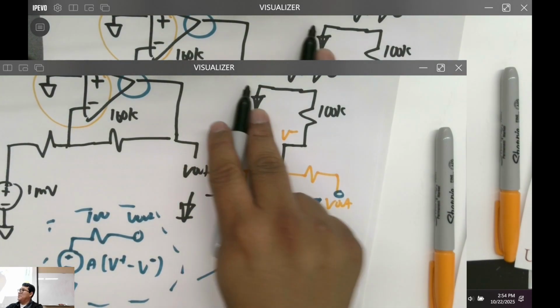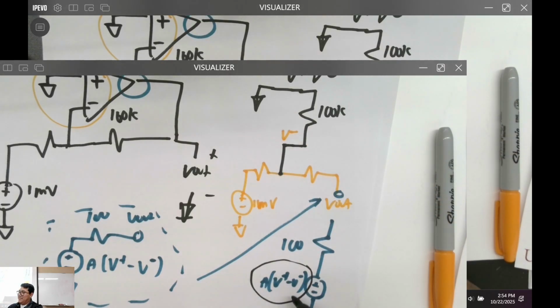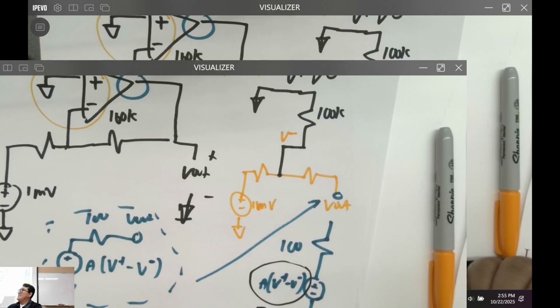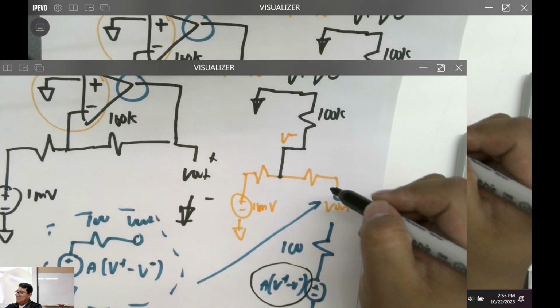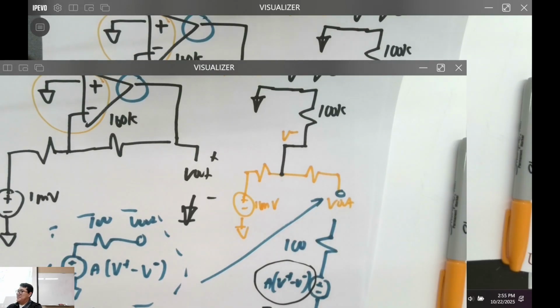If we have A is equal to 10 to the fifth, V plus is 0, and V minus is, well, V minus. It's just going to equal minus 10 to the fifth V minus. That's the voltage. Is that good with everybody? So now you have this variable, this, and V out, solve for V out. Is that good?